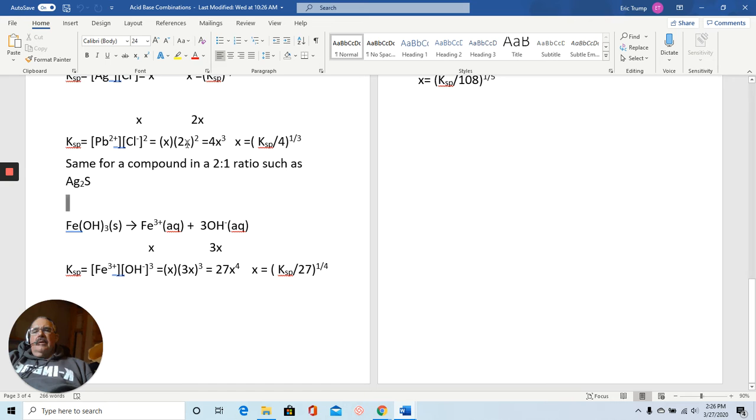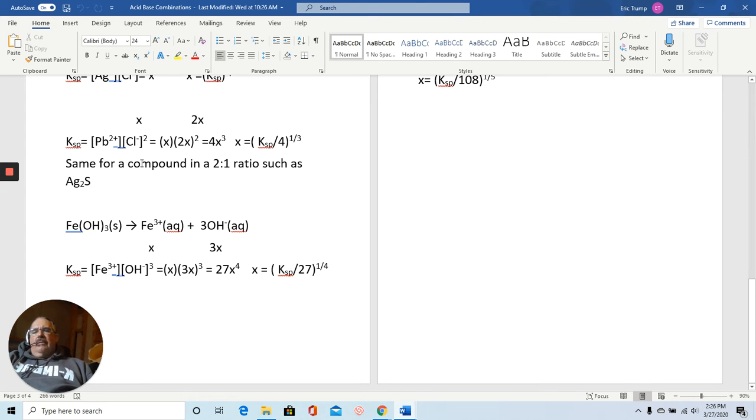In that case, the common ion effect would involve this term, instead of being X, it would be 0.03 plus X. And then I would solve for x. I should be able to make an approximation that the x is small compared to 0.03 in that example.